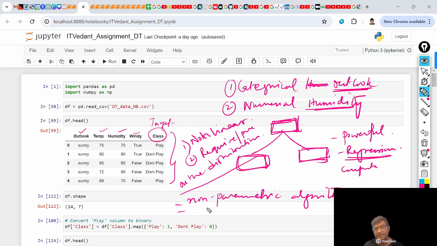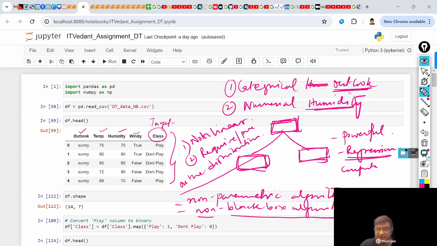Okay, it is a non-black box algorithm. What does that mean? That means it is easily explainable. That means when you try to explain the reason why your decision tree predicted yes or no, it is pretty explainable.